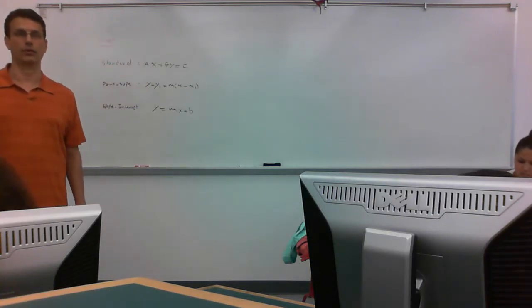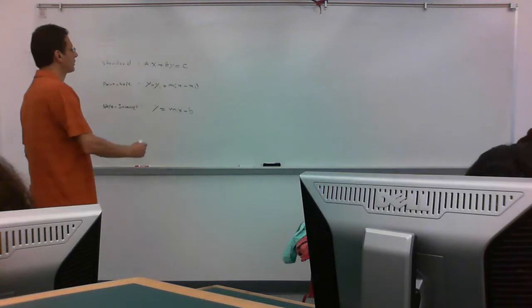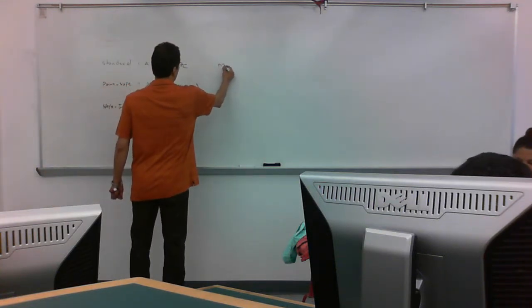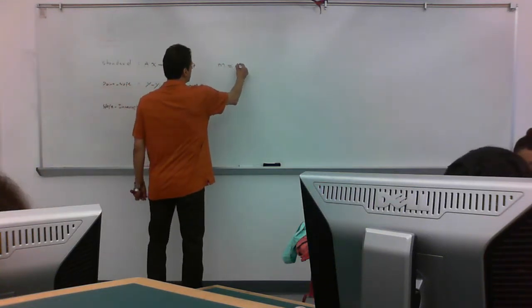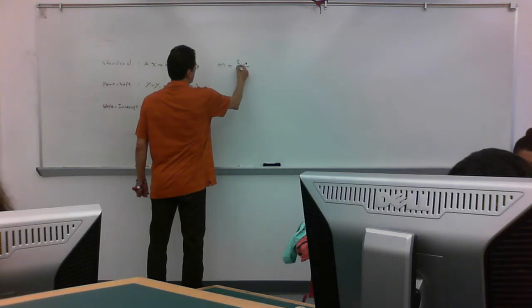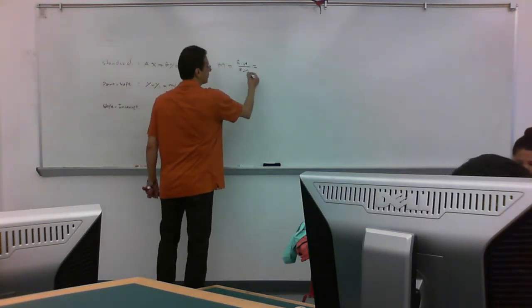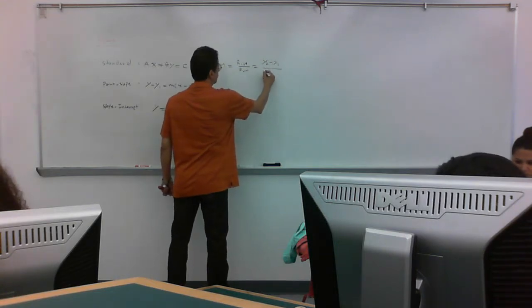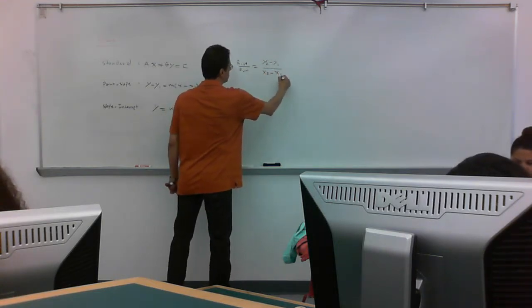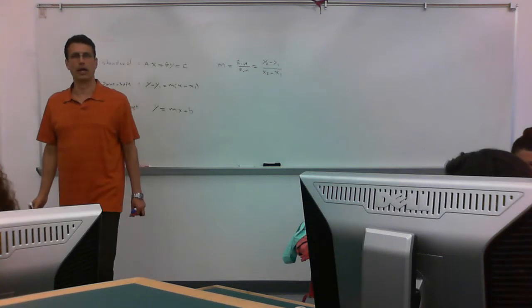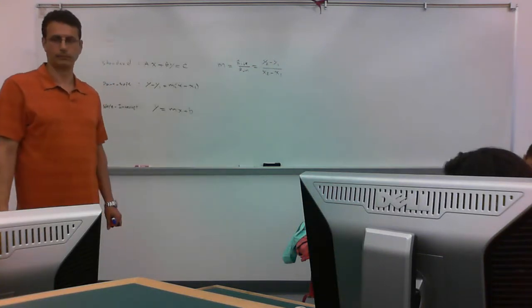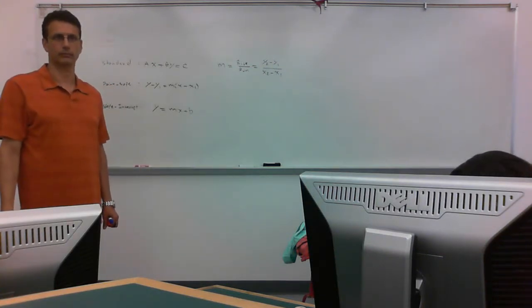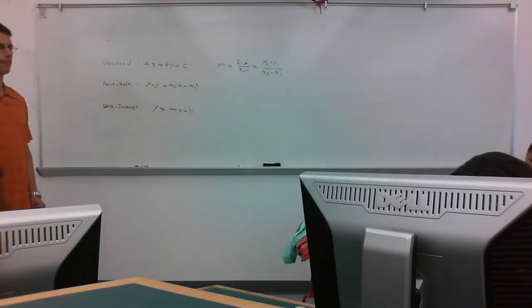Everybody is okay with that, right? Now m, or slope, is defined as rise over run. Yes, class? Now, what does that mean? y sub 2 minus y sub 1 over x sub 2 minus x sub 1. Right? Is that making sense?